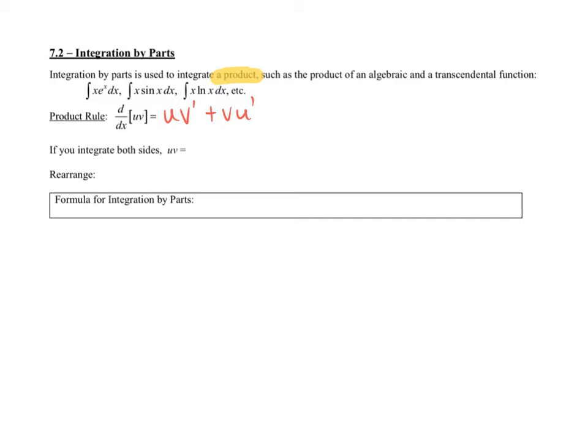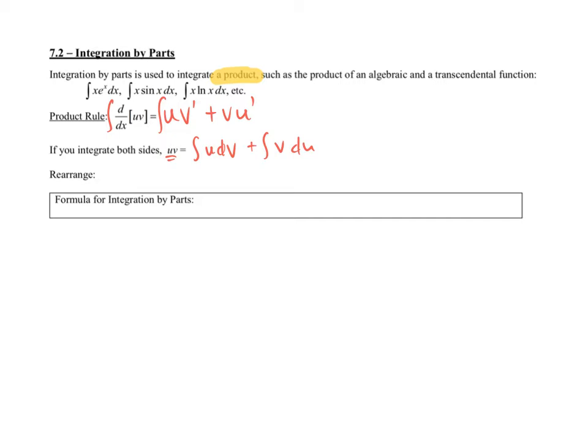Now, if I integrate both sides of that, then on the left side, the integral of the derivative cancels out. So that's why I have uv here. And that's going to equal, I'm going to use a little bit different notation here, the integral of u dv, so that dv is taking the place of v prime, plus the integral of v du.